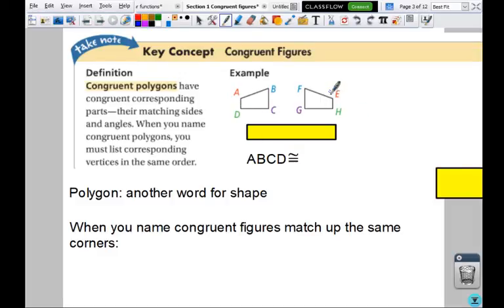It matches up with E. So if I'm going to say ABCD is congruent to this right shape, I've got to start with E, because that's what A matches up with. B matches up with F. C matches up with G. And D matches up with H. So we have to match up the same corners. A goes with E, B goes with F, and so on.